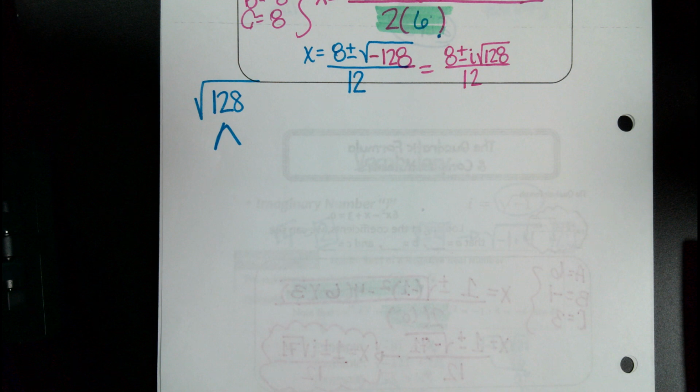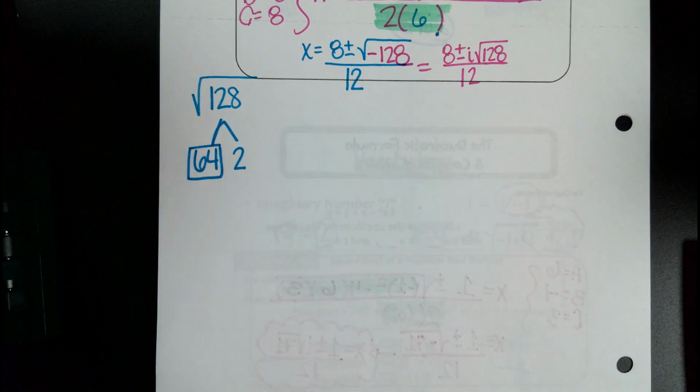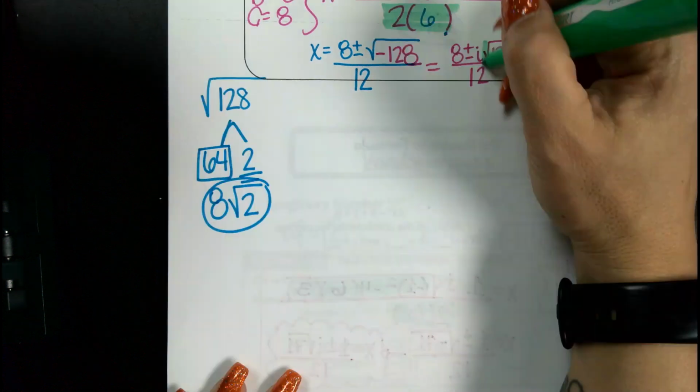It is divisible by 64. It's 64 times 2. So 8 comes out and 2 stays in. That's 128 right there with 8 radical 2.